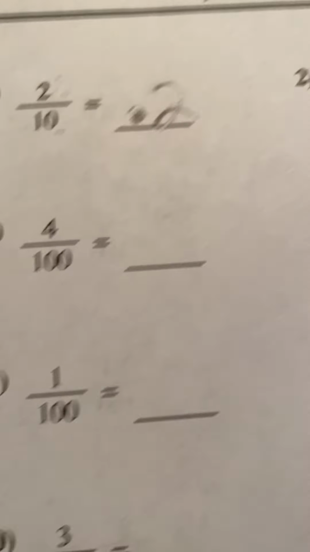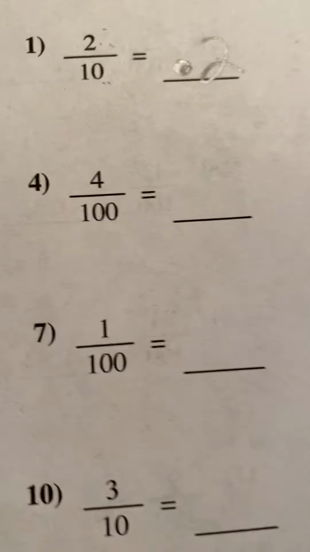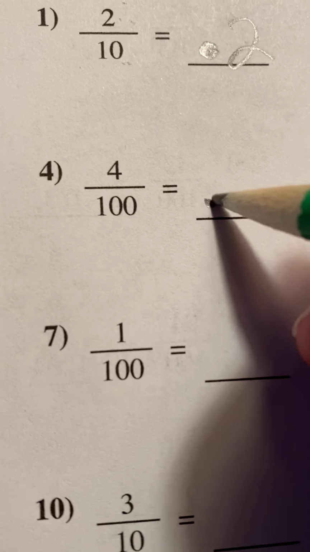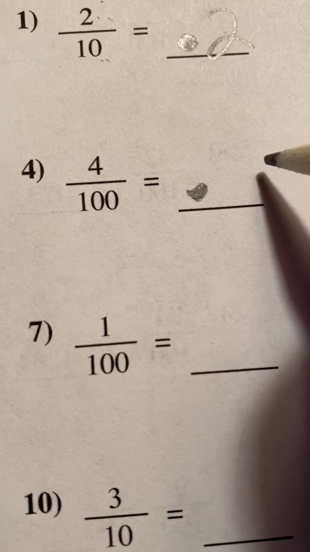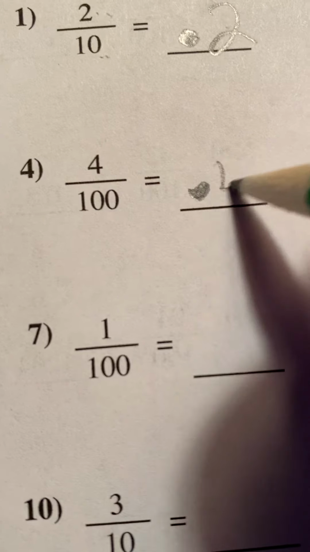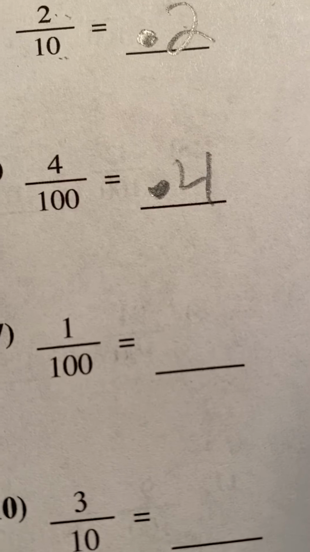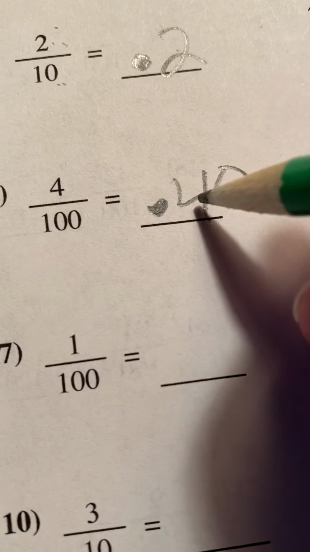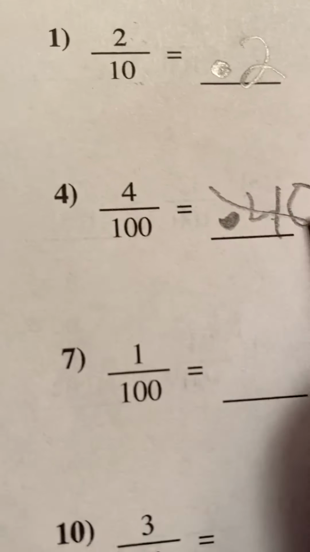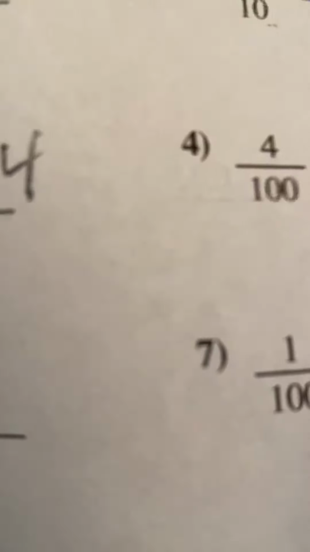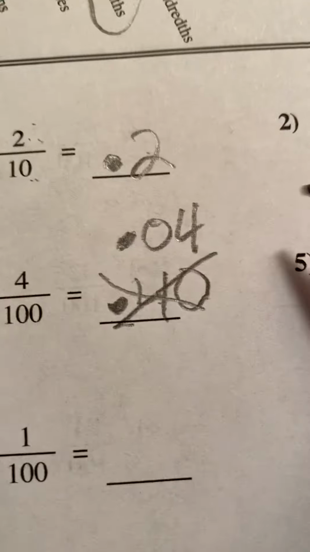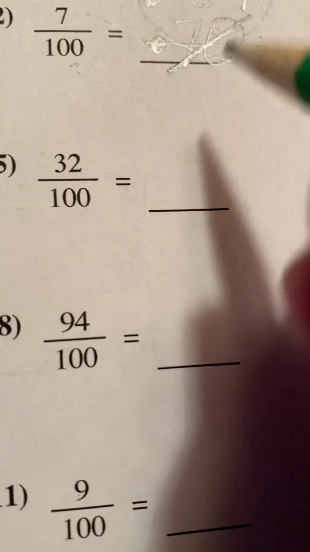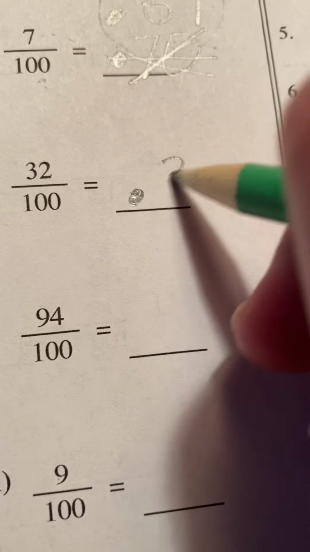4 hundredths. All right, this is just like this one up here. It's 4 hundredths. How many numbers after the decimal? There's got to be two, but how do I get it to say 4? It's not this. That's 4/10. It's not that with two numbers after the decimal. That's 40 hundredths. So to say 4 hundredths, you need your decimal to say 4, which is 0.04. 32 hundredths means two numbers after the decimal.